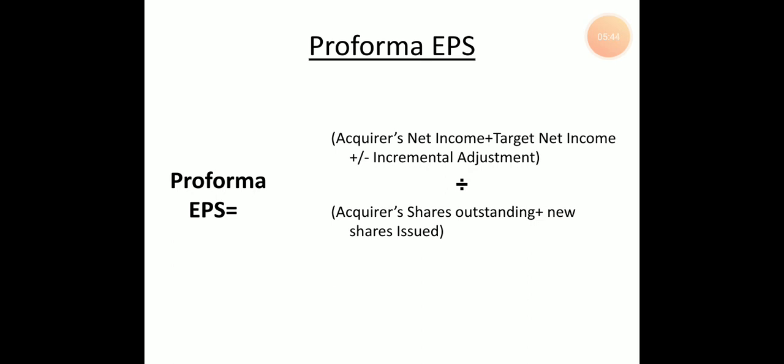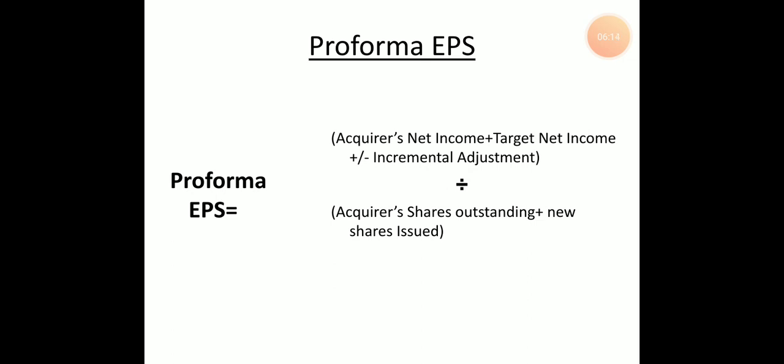After that, we apply this formula, pro forma EPS, that is acquirer net income plus target net income plus or minus incremental adjustment, the whole divided by acquirer's shares outstanding plus shares issued. Means EPS is earning available to equity shareholders divided by number of equity shares. That can be calculated before the merger.